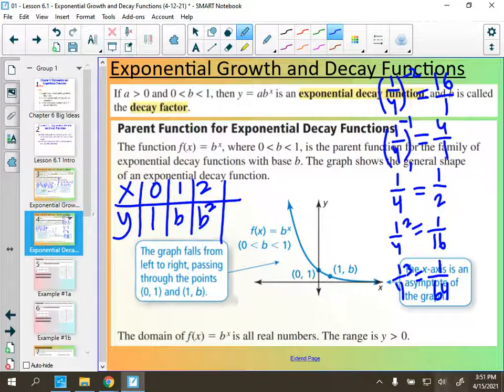Yeah, so there we have it. That's just kind of the why behind it. Like I said, our table is not going to be any different, 1 over b squared. It's just by the nature of that base being between 0 and 1, we get kind of an opposite effect going on here.